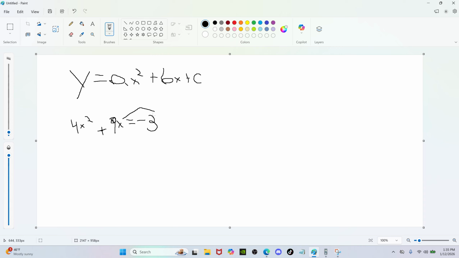And as they teach us in algebra, if you move a sign past something, it flips the sign. So we're going to rewrite the equation. So 4x squared plus 9x plus 3 equals 0.